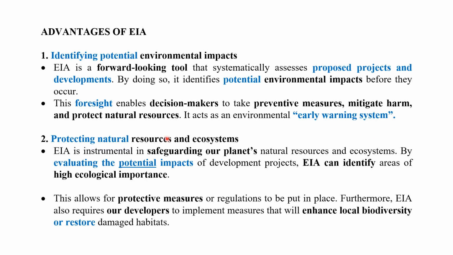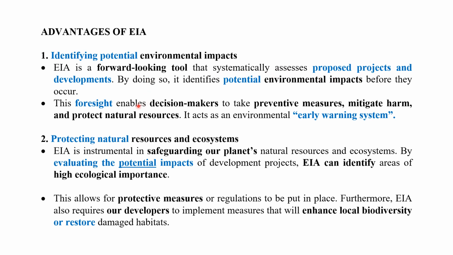Next, we can see the advantages of EIA. The first advantage is identifying potential environmental impacts. Once you carry out the EIA for a particular project, we can definitely identify the potential environmental impacts. EIA is a forward-looking tool that systematically assesses proposed projects.